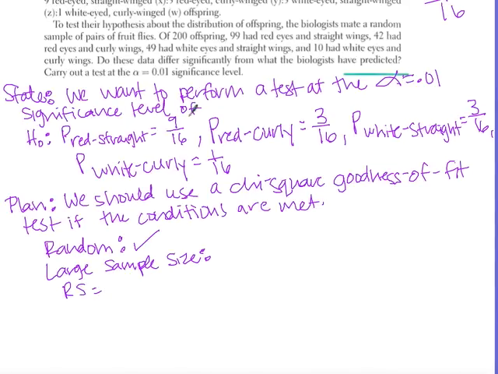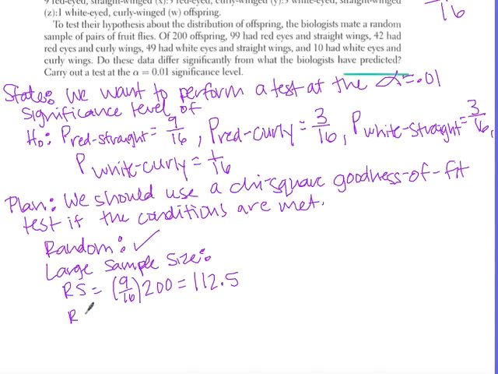All right, so the probability is 9 out of 16 and the sample size, or the entire sample, was 200. So if I do 9 out of 16 times 200, I would get 112.5.